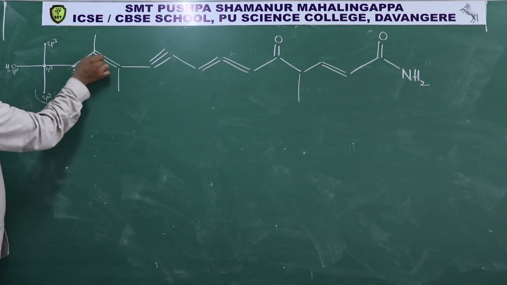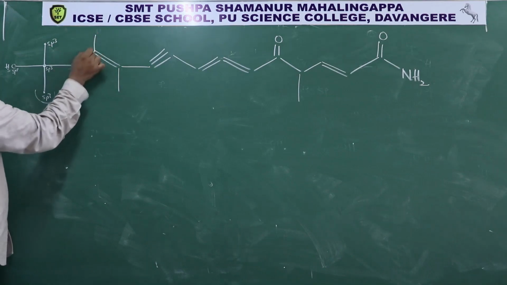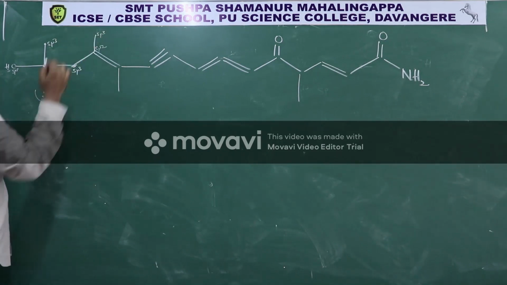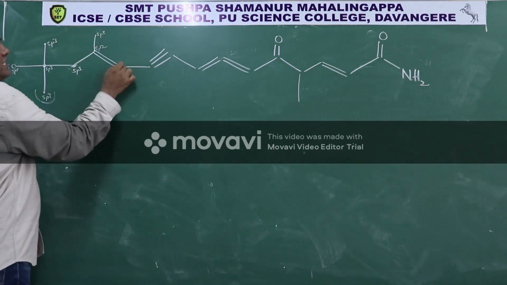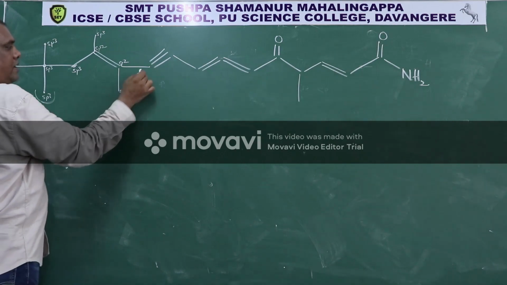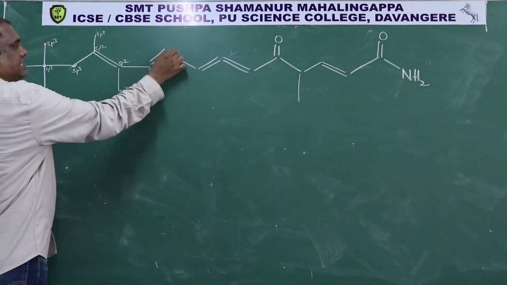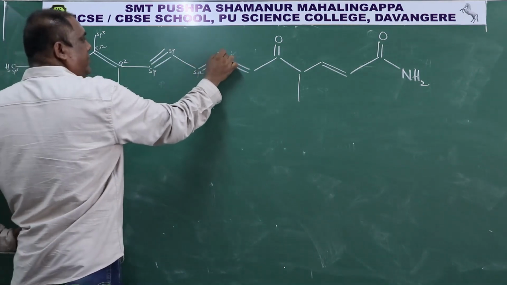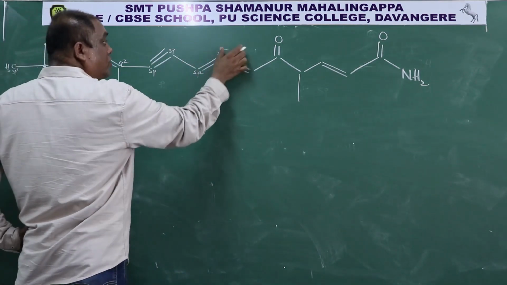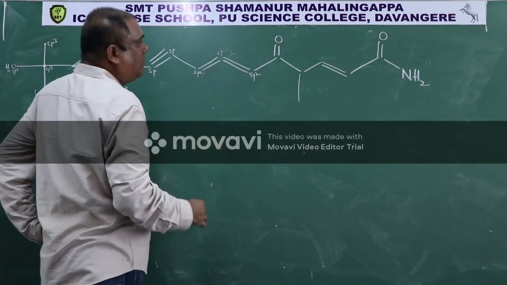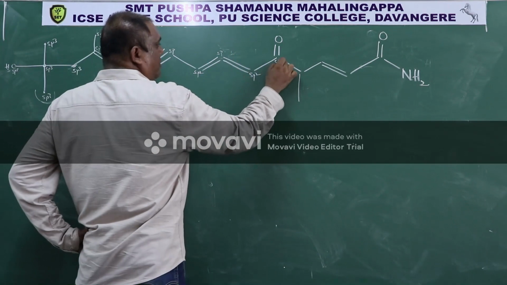But here this is a double bond and 2 single bonds, so sp2. This is sp3, this is sp2, this is sp3. This is sp, this is sp. This is sp2, this is sp2, this is sp, this is sp2, this is sp2.